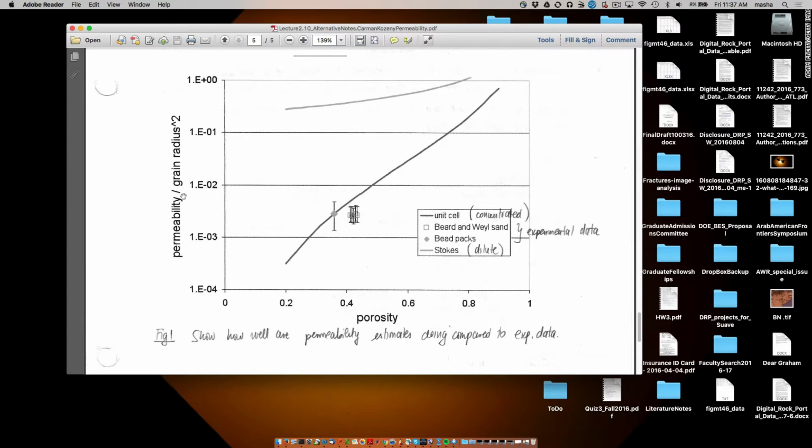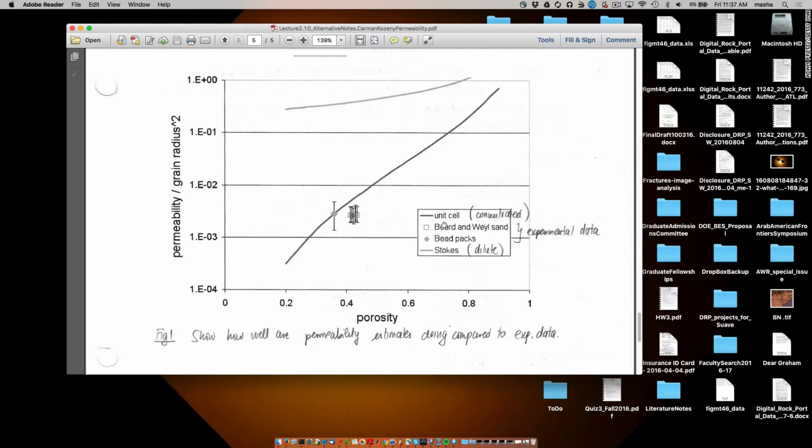So it's just that factor times grain radius, right? So this is actually the line, and this is a number of experiments on bead packs, okay? Its average actually falls right on the line, and they have certain plus minus sigma range. So that's pretty good, okay?